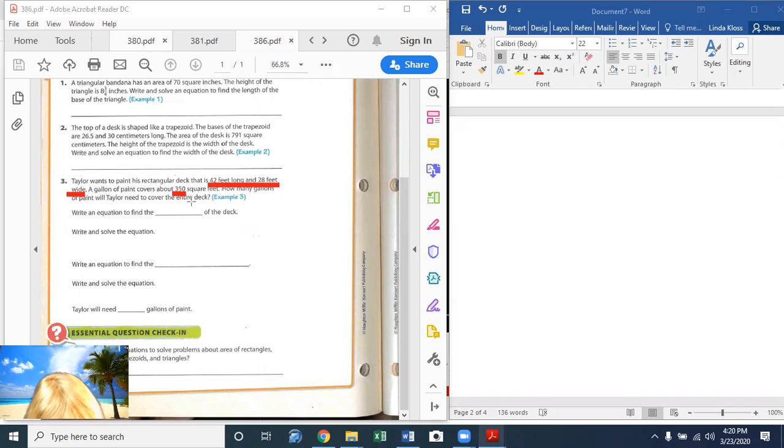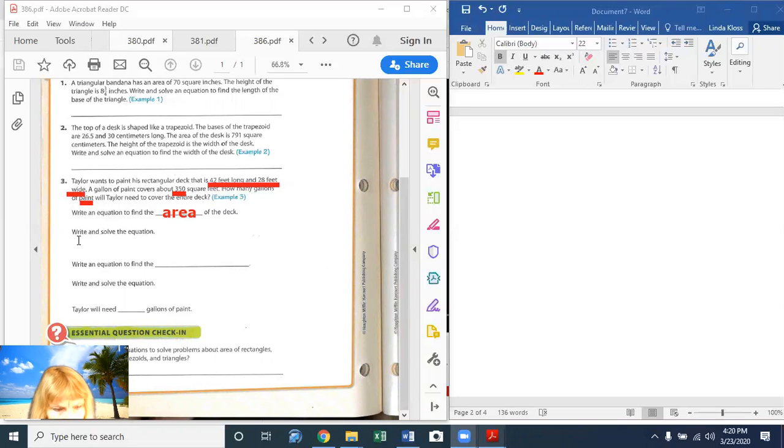How many gallons of paint will Taylor need to cover the entire deck? We first got to find the area of the rectangle. Write an equation to find the area of the deck. And then write and solve an equation.